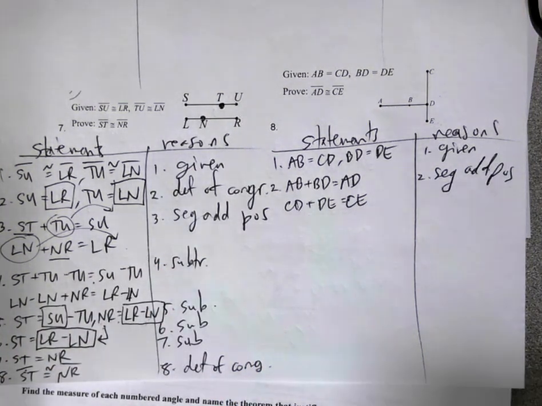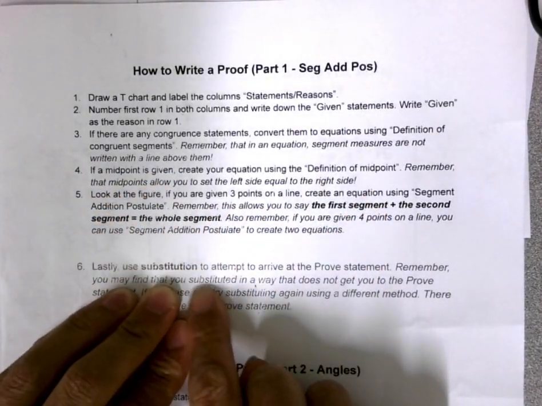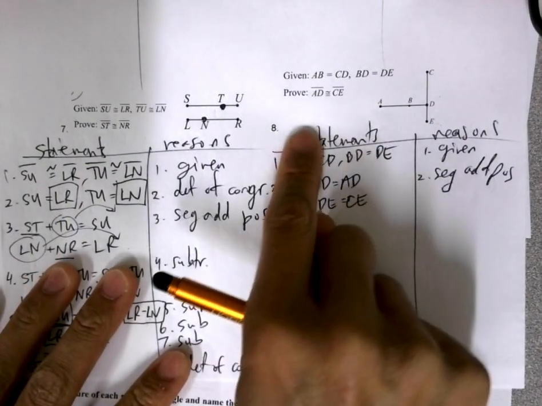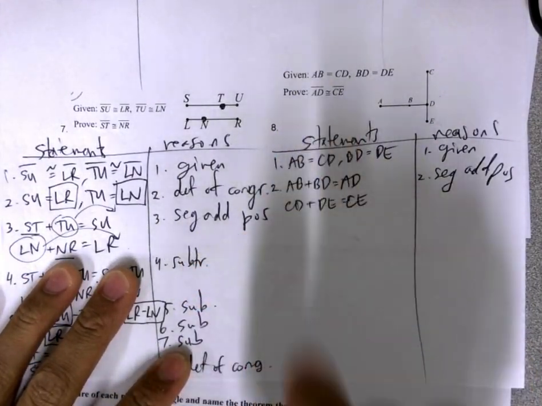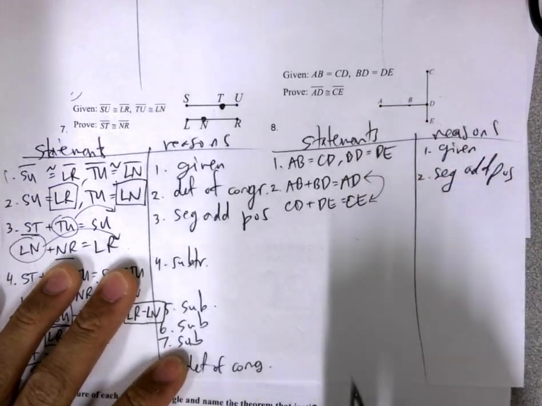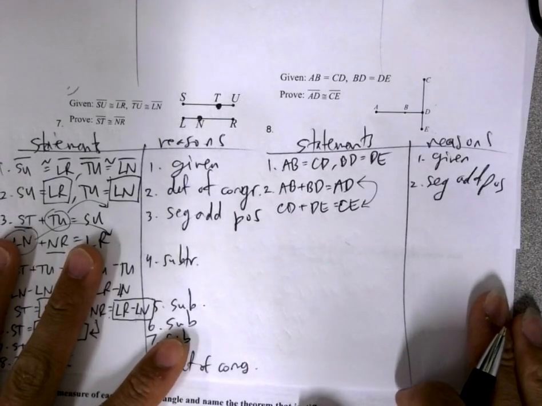So now what do we do? Well, we went ahead and used seg add pos to create our equations. Last step here is substitution to try to get to the proof statement. What is our proof statement? AD equals CE, right? We want these 2 to be equal to each other, right? How can we get those 2 to be equal to each other?